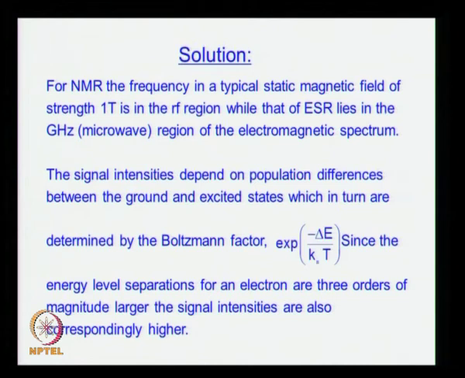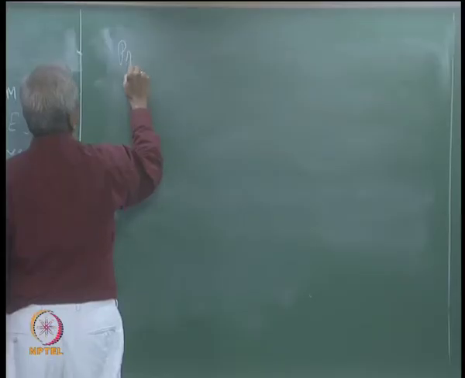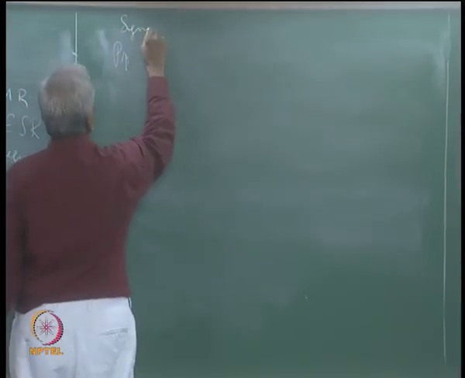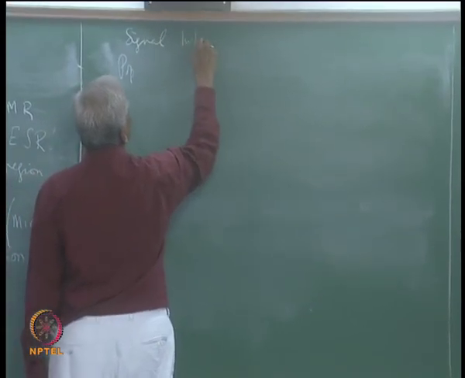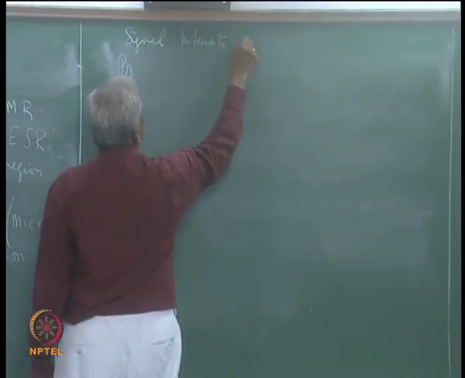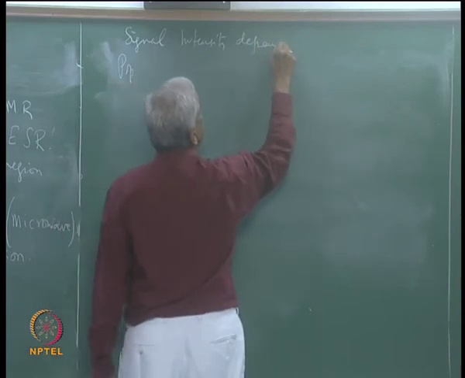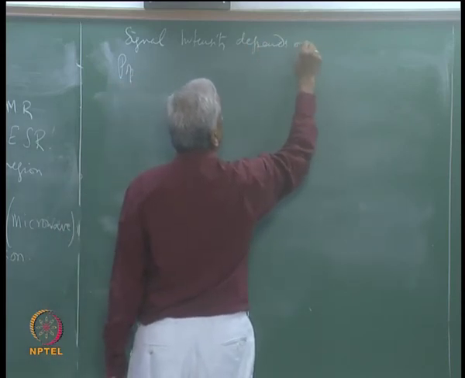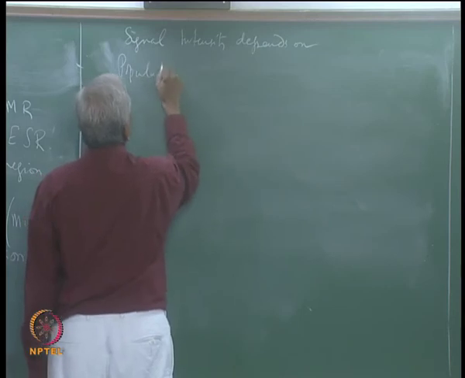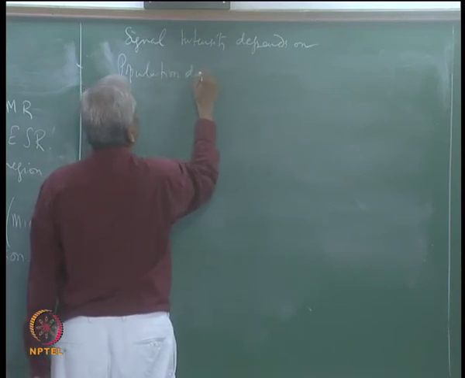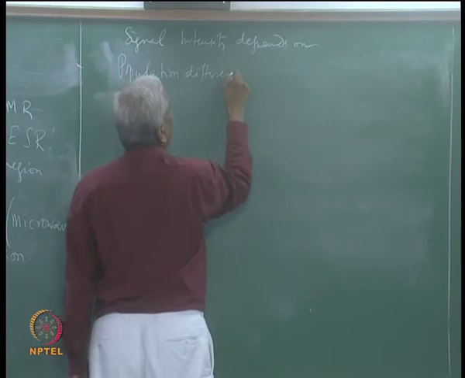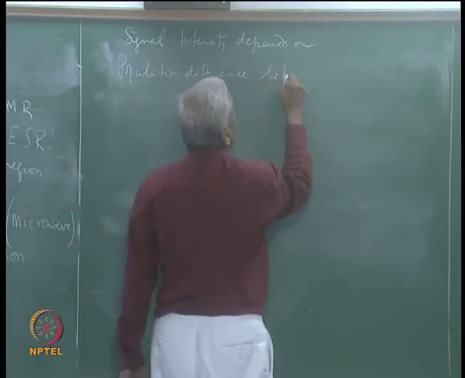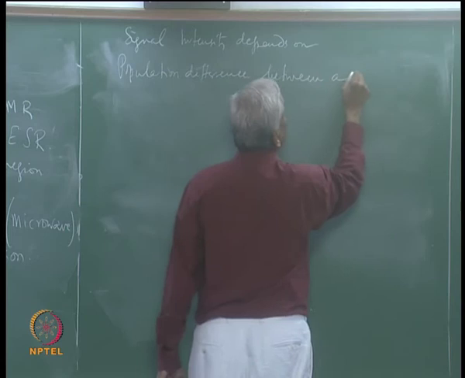So, that is regarding the frequencies. In order to compare the signal intensities, they are related to the populations. So, the population difference depends on the population difference between adjacent Zeeman levels.